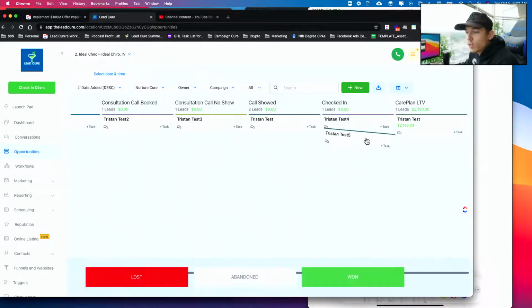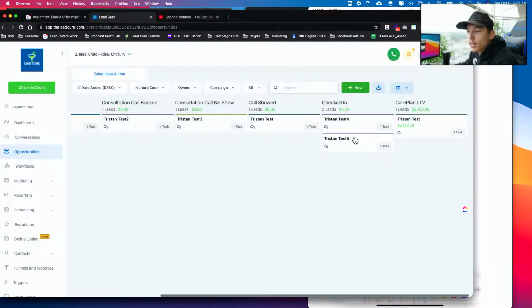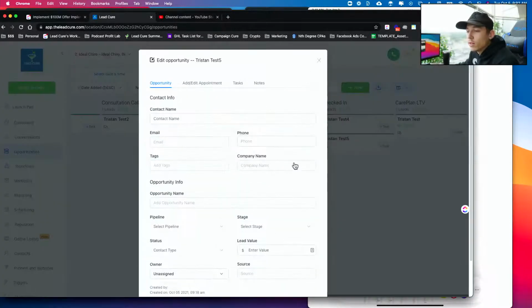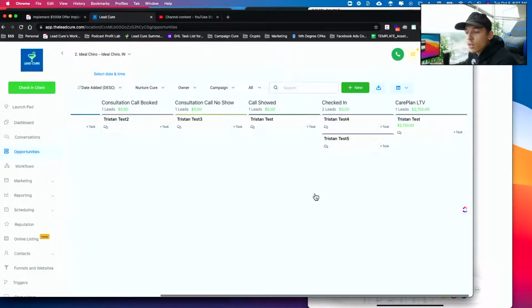Tristan comes into his in-office visit. Well, that means he paid the first down payment. So we can click Tristan Test 5 here. We click his opportunity, and we can say, well, he paid that first visit of $500. Or, to be more realistic for an office, he paid that first visit of $250, which is going to update in the pipeline. Fantastic. Well, then what happened to Tristan?